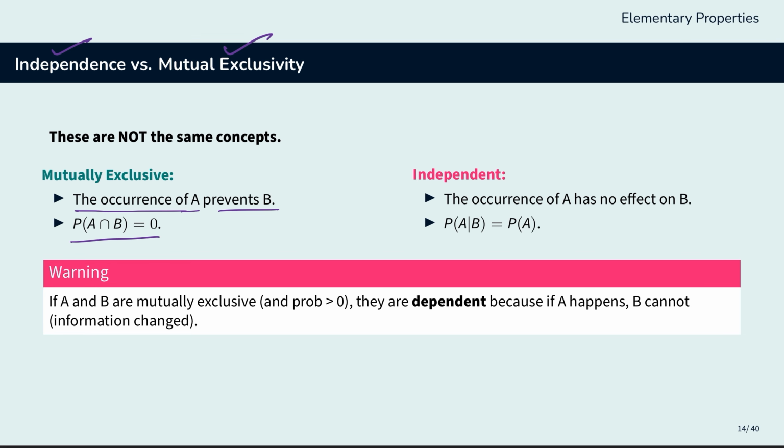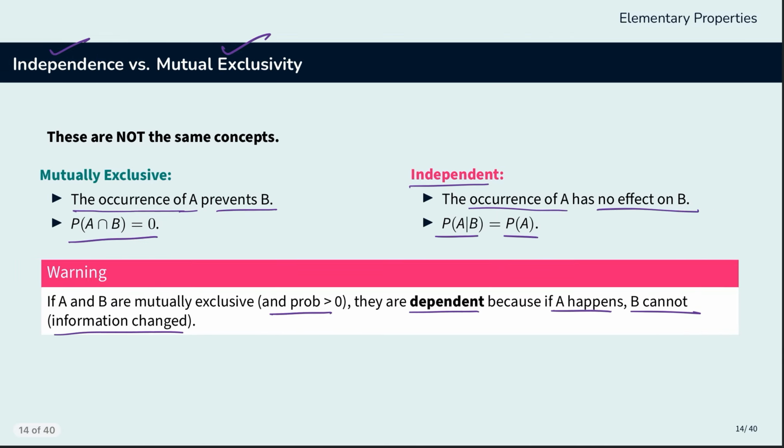Independent means the occurrence of one event has no effect on the occurrence of the other event, so the probability is not dependent on the other event occurring or not. If A and B are mutually exclusive and their probabilities are greater than 0, they are dependent, because if A happens, B cannot happen, which means the information has changed.